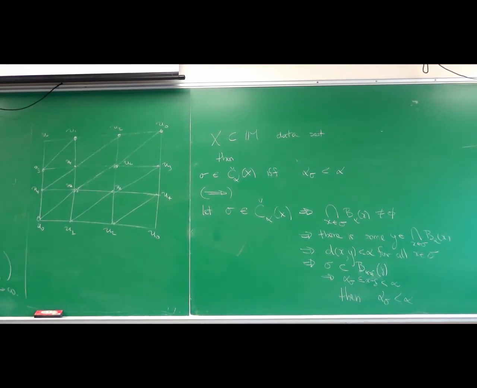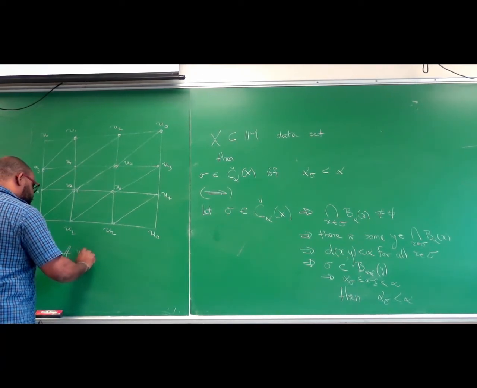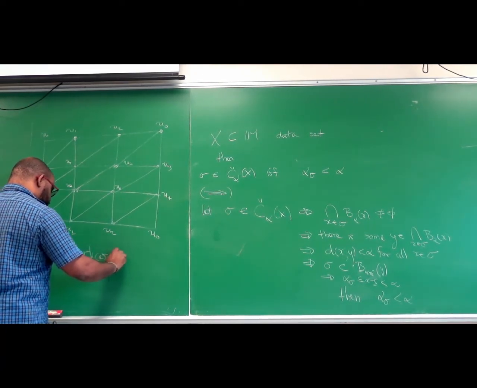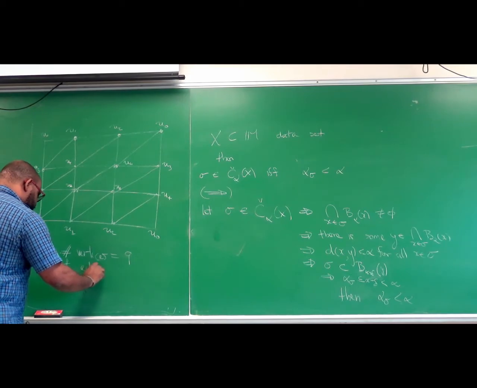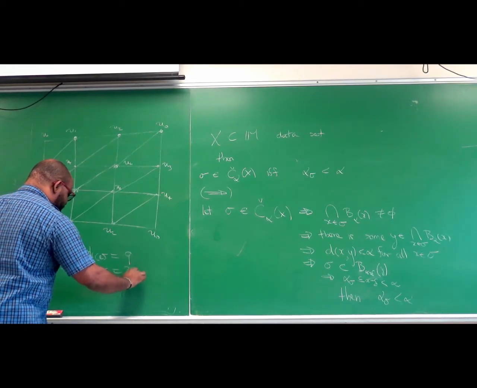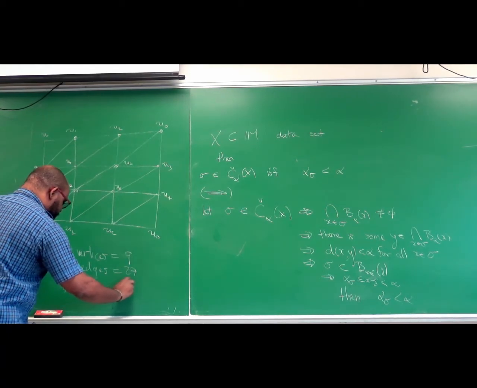Okay? So 9 vertices. Let's write it here: number of vertices, 9. Okay, that doesn't sound that bad. How many edges do we have? 27. That sounds worse. And number of triangular faces, 18. Cool.